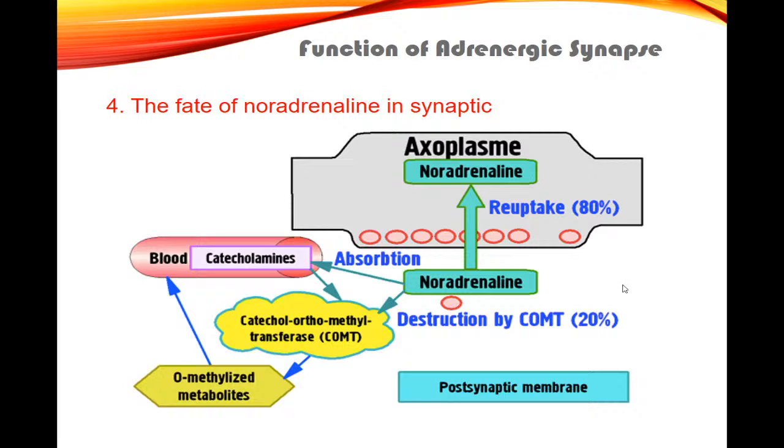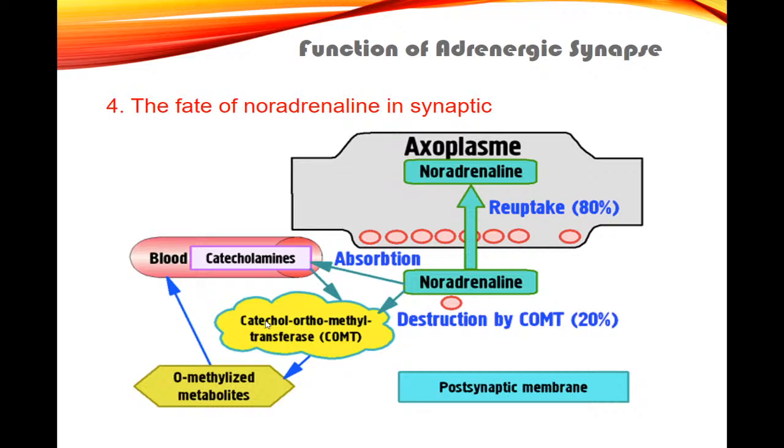And what are the targets for adrenergic drugs? First of all, adrenoreceptors. Second, enzymes participating in metabolism, MAO here and COMT here. There are drugs influencing MAO and COMT.